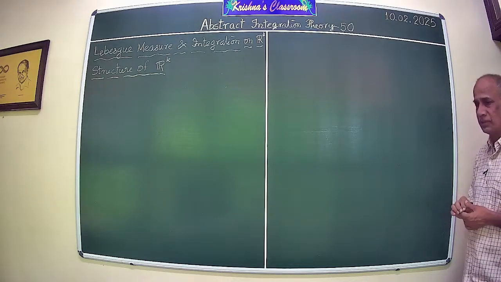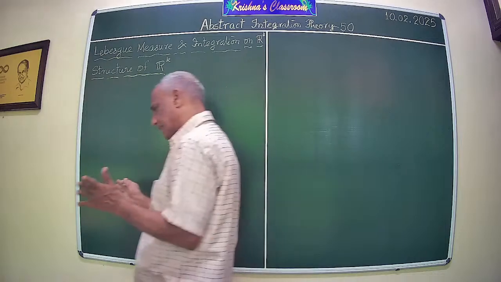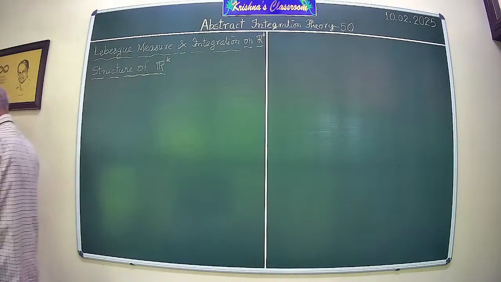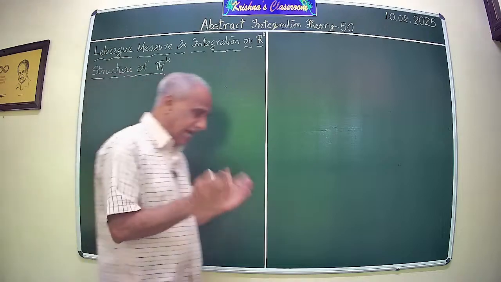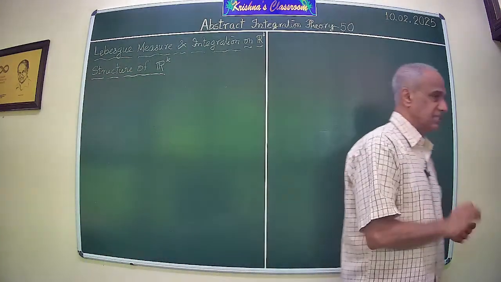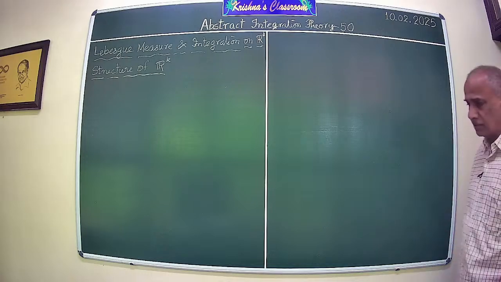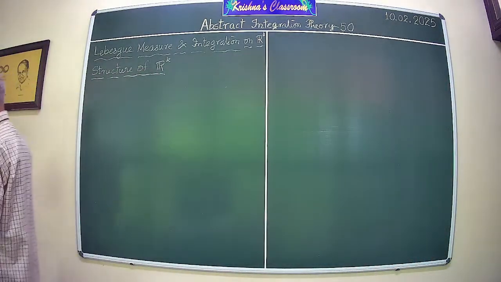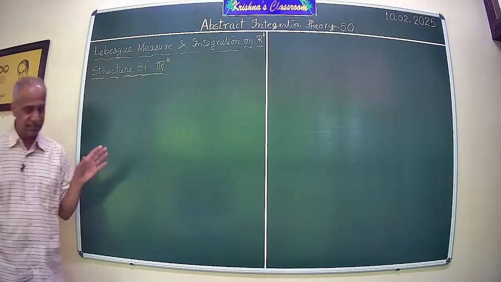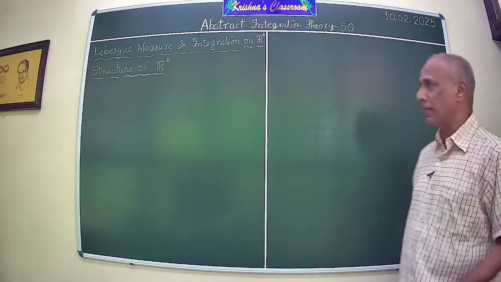And then we found that you need the concept of length for a larger class of subsets of R than intervals. And our effort was to develop this. I have already discussed all these things in detail and you can just refer back.